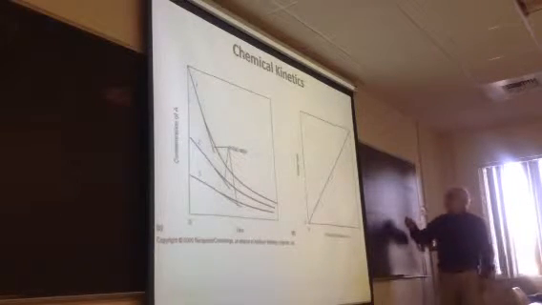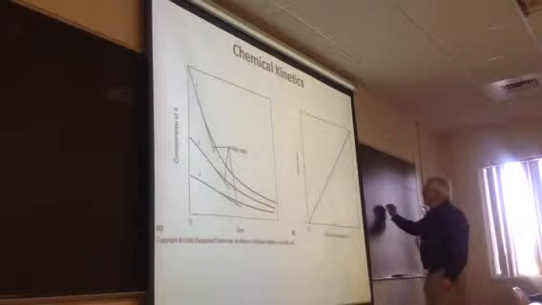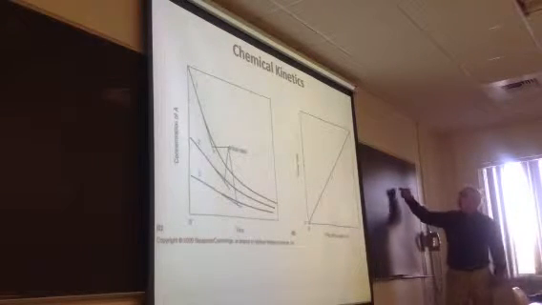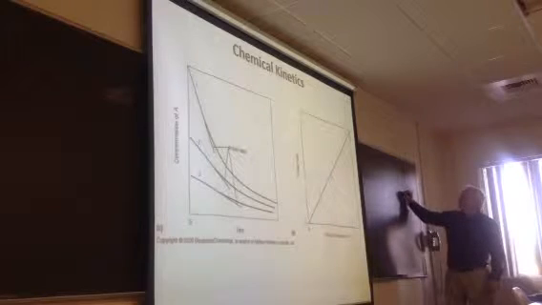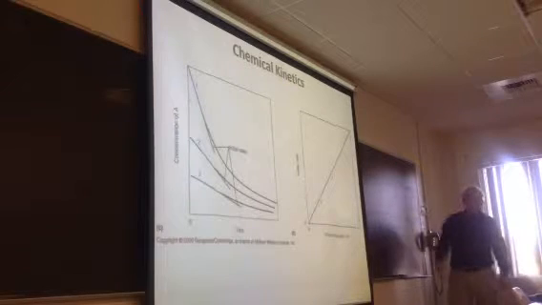That's the rate of the reaction. We'll use the terms rate or velocity interchangeably. Just how fast are you losing A? And of course that should be equal to how fast B is being produced per minute.